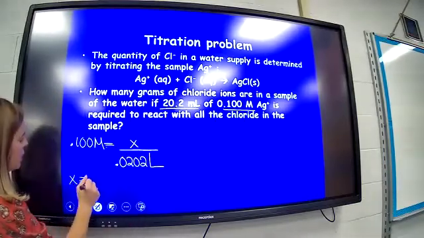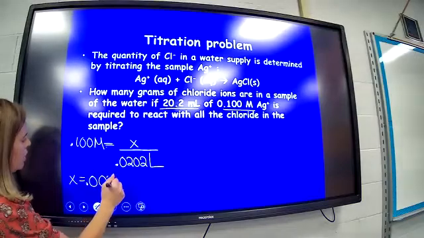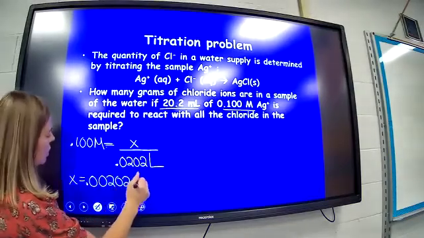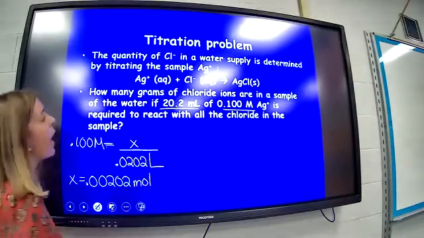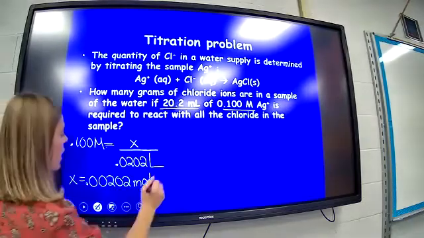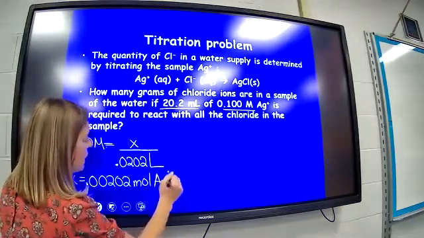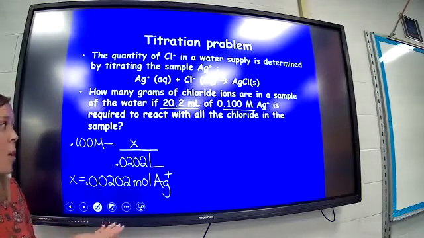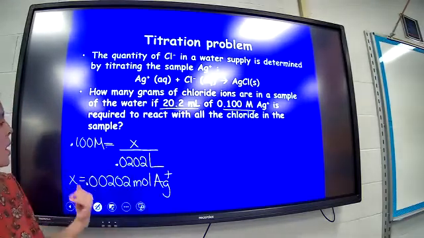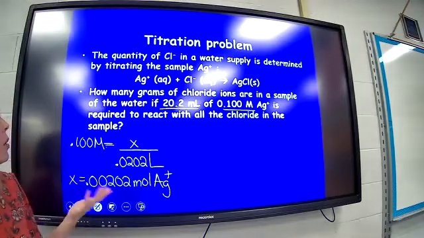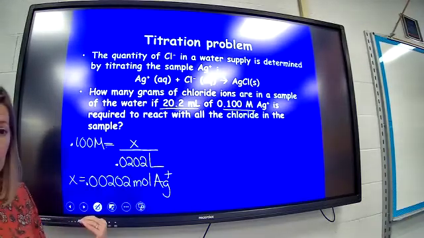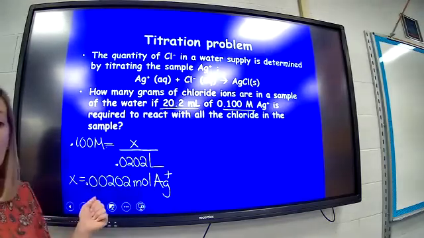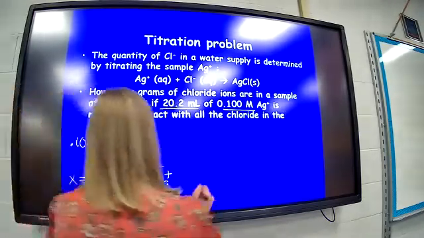Okay, that would give us 0.00202 moles. And that was the silver ion. It would be helpful to include that. If I have my moles of silver, I would know how much chloride I have too, because they're in a 1-to-1 mole ratio.